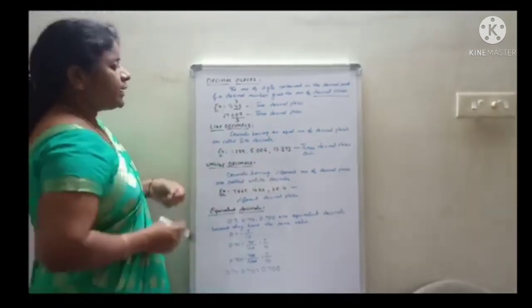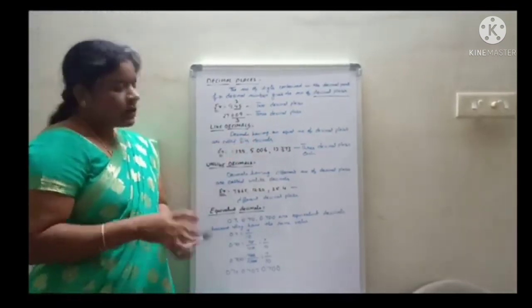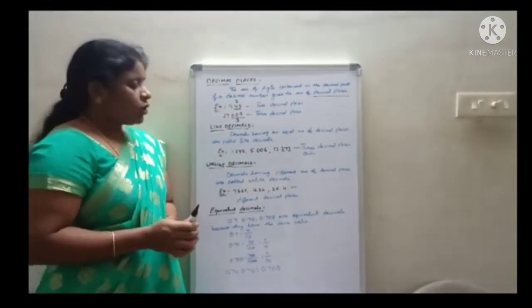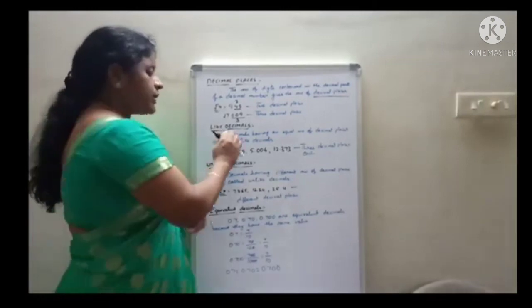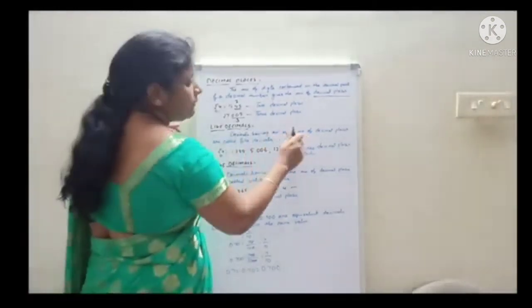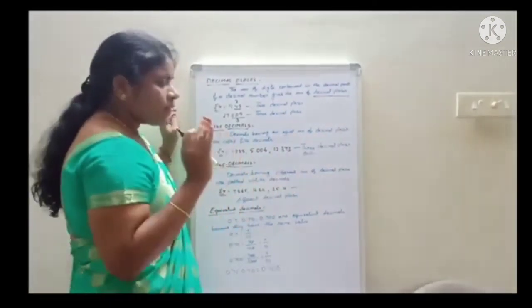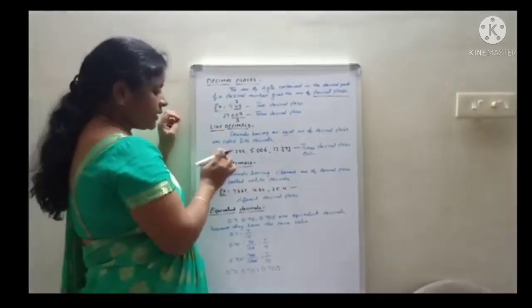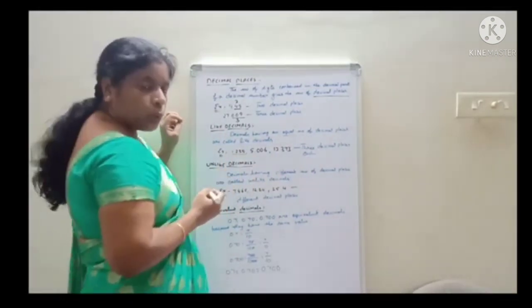Okay, next, like decimals. Decimals having an equal number of decimal places are called like decimals. Examples: see here, 1.235.